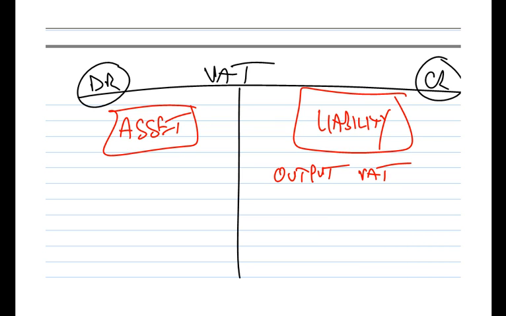And occasionally businesses might be in a position where they can reclaim money, particularly if they've suffered large amounts of input VAT. If we've suffered input VAT, we would be looking to reclaim it from HMRC. So input VAT on our purchases would be shown on the debit side of the VAT control account. Well, that's just a little reminder of the basics of the typical control accounts you might see in this unit.